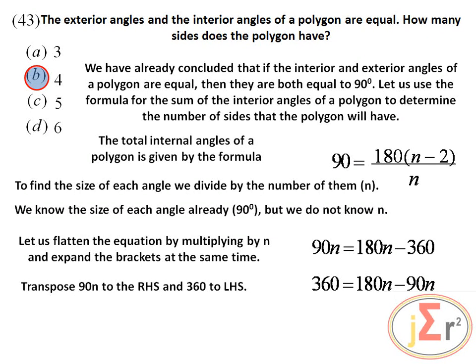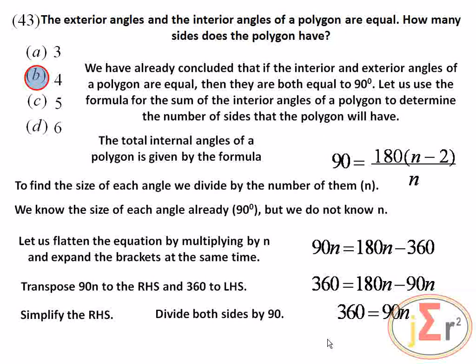That is equal to 360. That is what we get. And we are dividing by 90 on both sides. We get n is equal to 4, which is the same answer that we have right there.